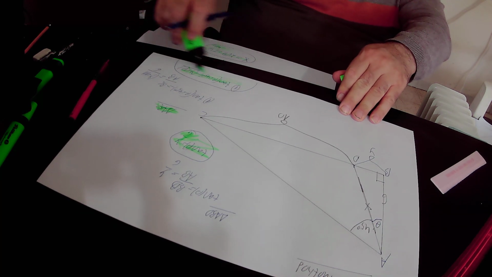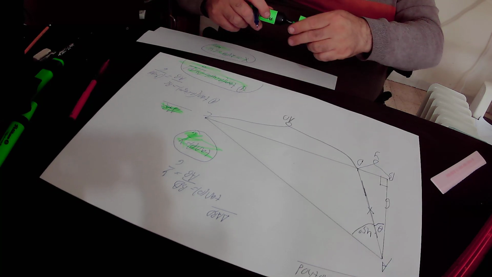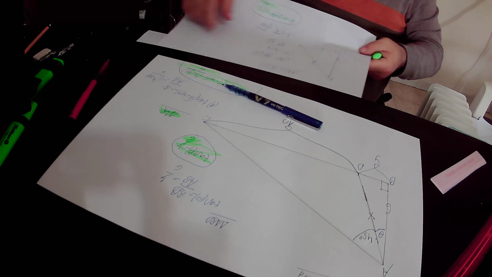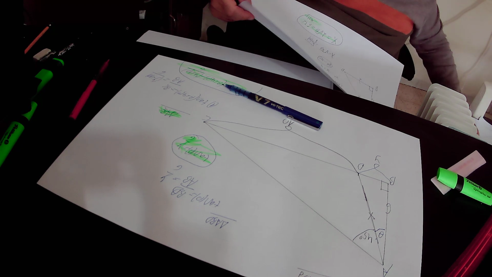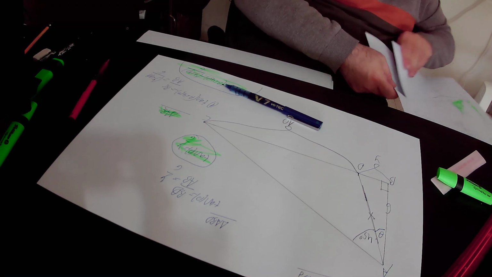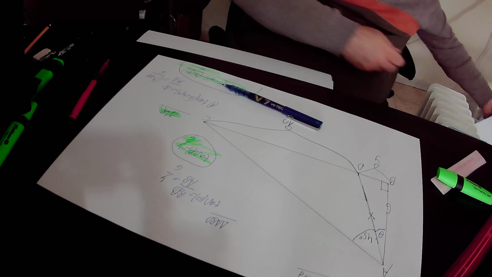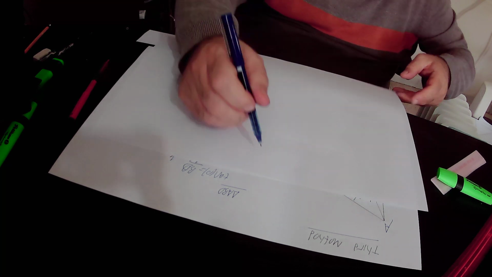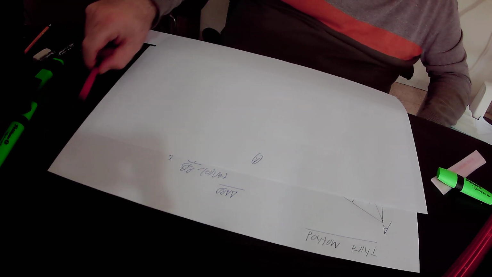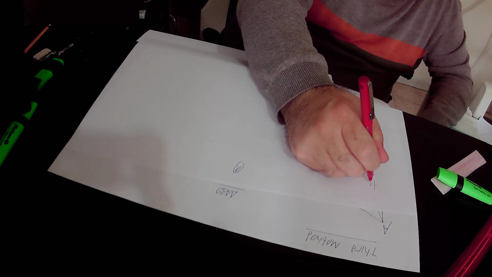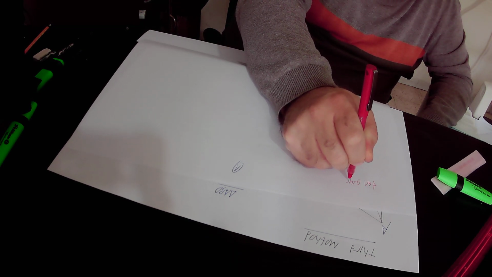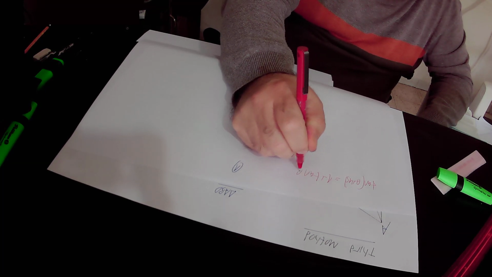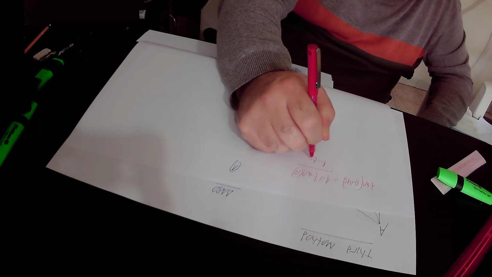We actually have a trigonometric identity for tangent of theta plus 45 degrees. The trigonometric identity for tangent of theta plus 45 degrees is equal to 1 plus tangent theta over 1 minus tangent theta.